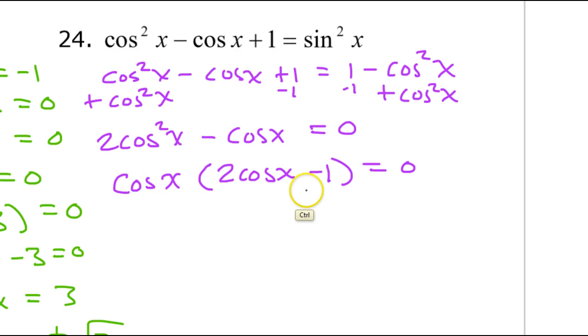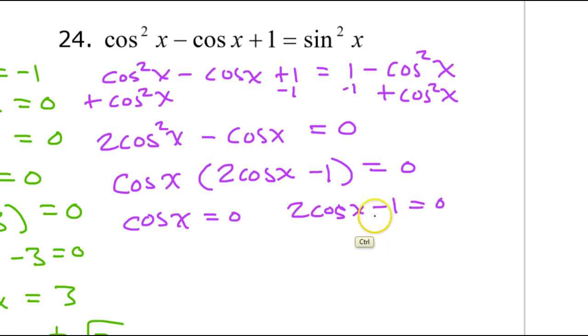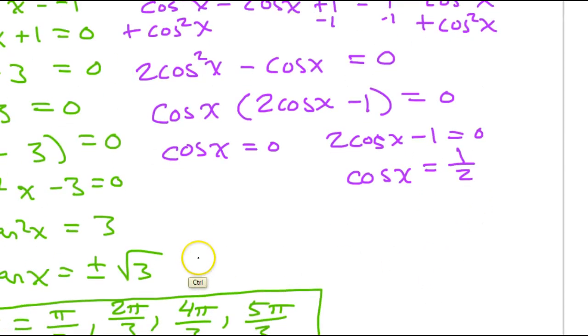Okay, now using my zero product property, I can set each one of these factors equal to 0 to find my solution. So cosine x is equal to 0, 2 cosine x minus 1 is equal to 0. Add 1, divide by 2, that's going to give me cosine x is equal to 1/2. Okay, now let's see what we've got.